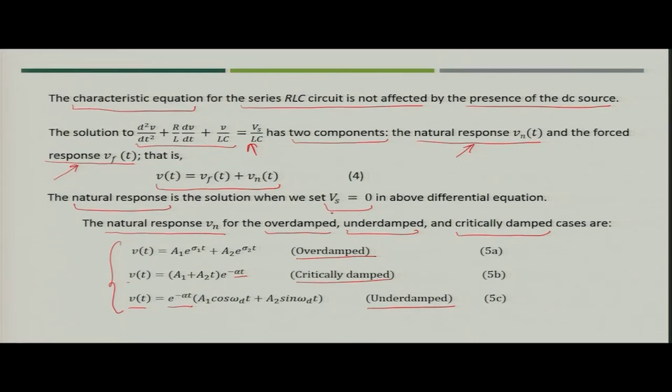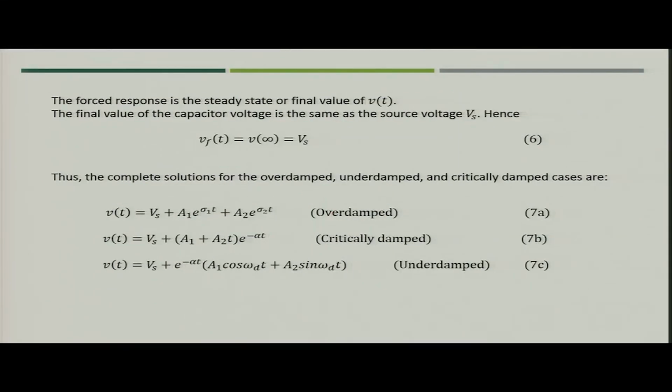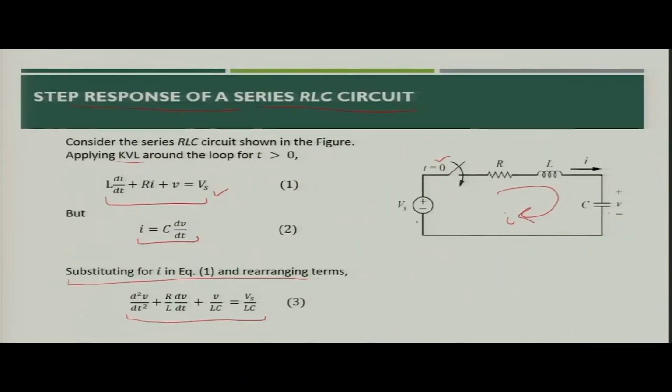Now, to find the forced response, you need to find out what would be the steady state or final value of voltage, that is v(t) as time tends to infinity. The final value of capacitor voltage will be the same voltage, that is the source voltage. If you see the figure, when you keep this particular switch on for a very long period, what will happen?